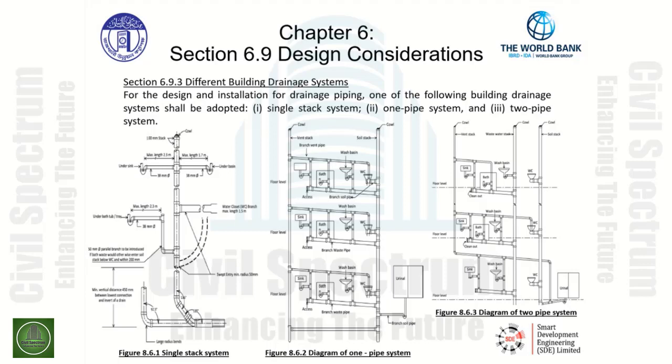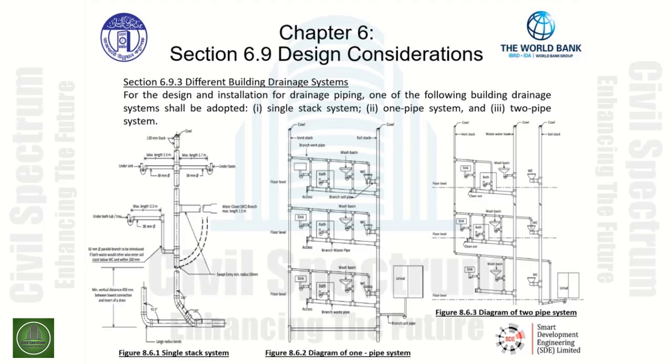The diagram of the two-pipe system, by inspection, can be looked at as separate systems. However, they are interconnected with respect to the venting. On the far right-hand side of the two-pipe system, we can see a soil stack that receives the discharge from water closets on each and every floor level. That is an isolated stack for the water closets.